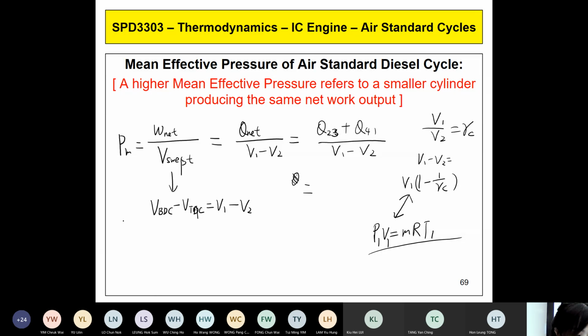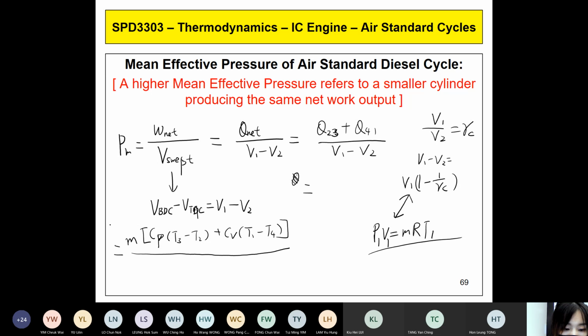What we have is C_P, m R T1 divided by P1.